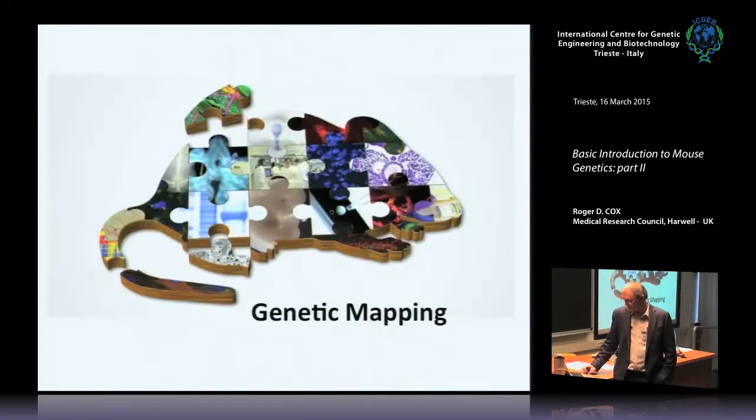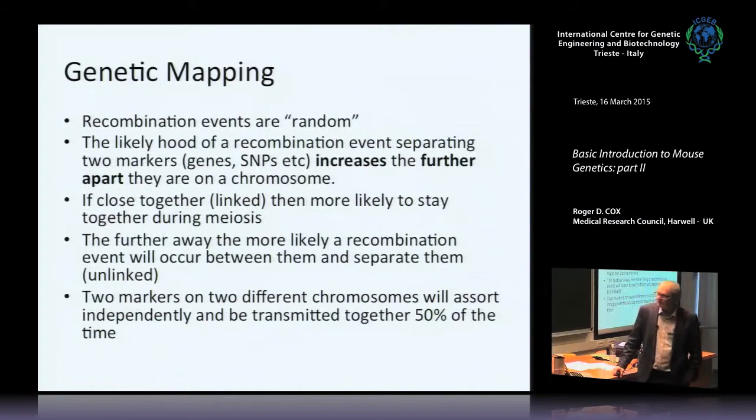So, genetic mapping. These recombination events between the chromosome pairs are relatively random. They're not totally random. And the likelihood of recombining and separating two markers on the DNA, or phenotypic markers that correspond to changes in the DNA, increases the further they are apart.